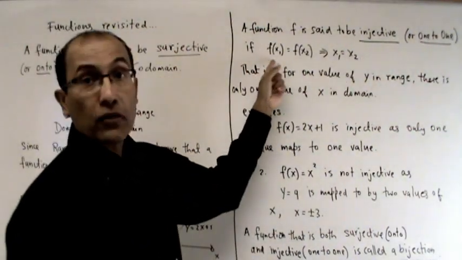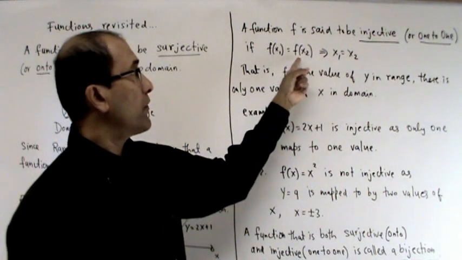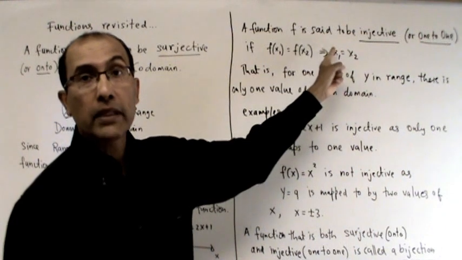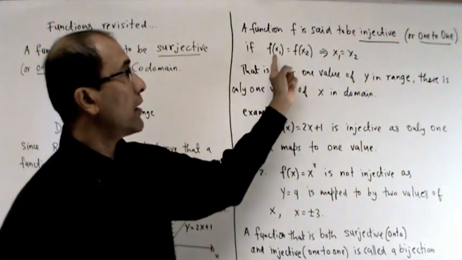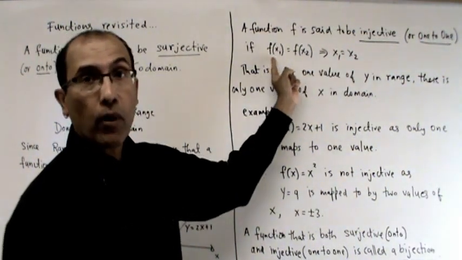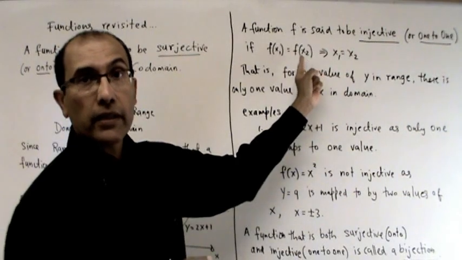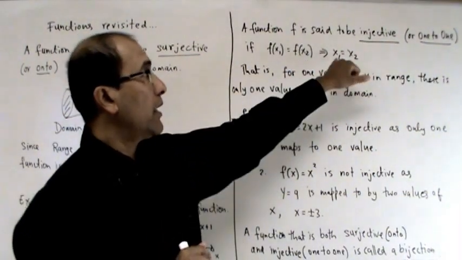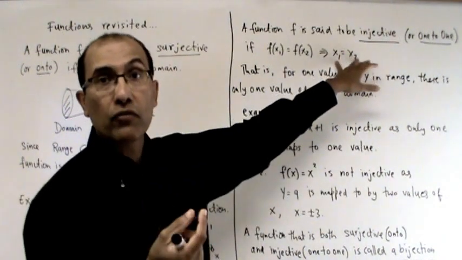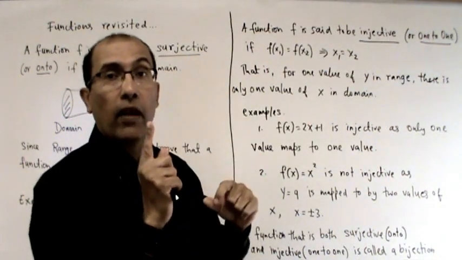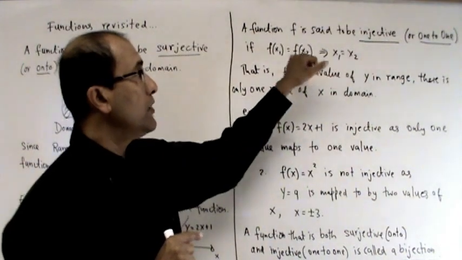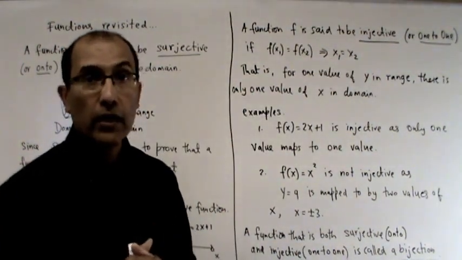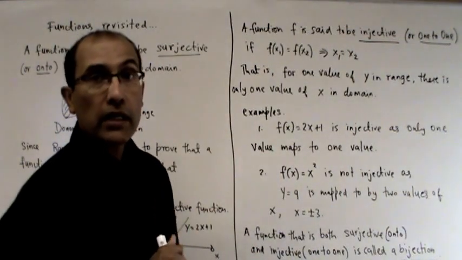If f(x1) equals f(x2), then definitely x1 and x2 have to be the same, because for one-to-one there should be only one value. It's not two values. If you have these two equal, then x1 must be equal to x2. That's the property for injection.